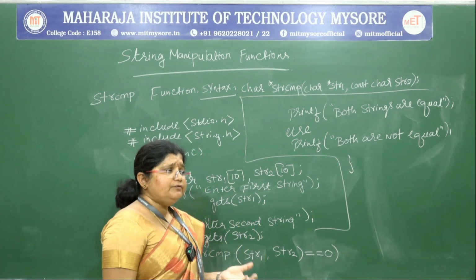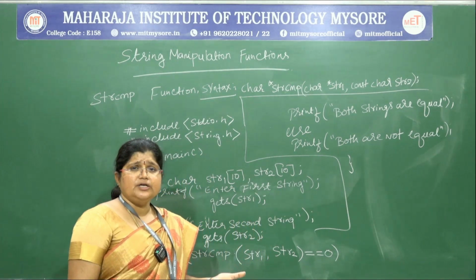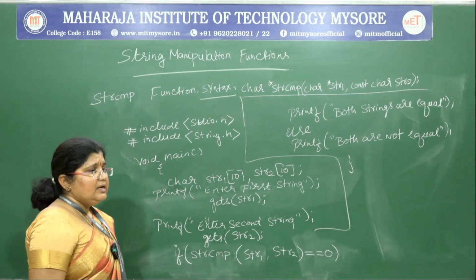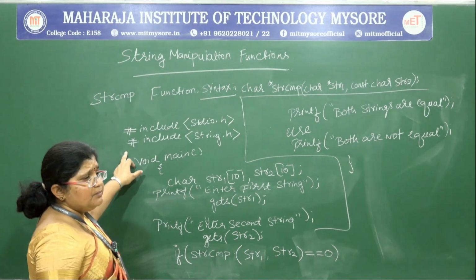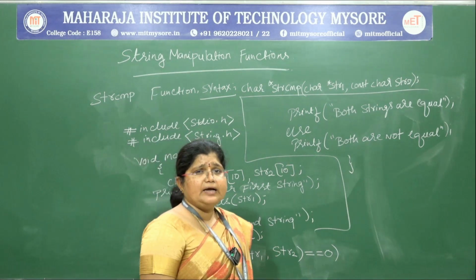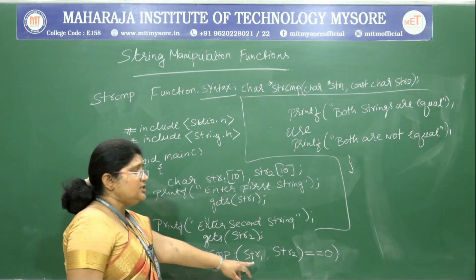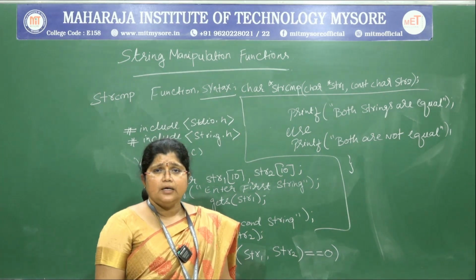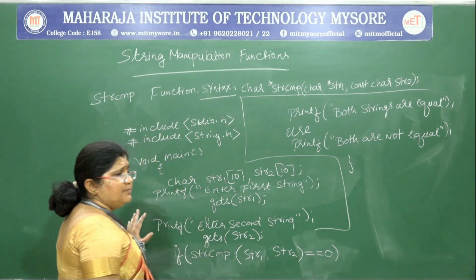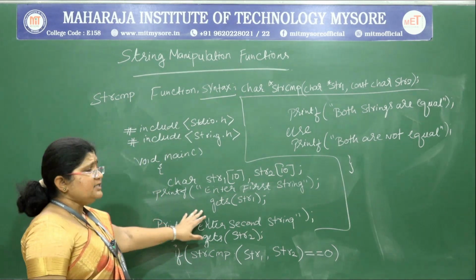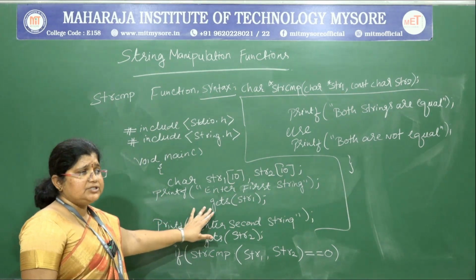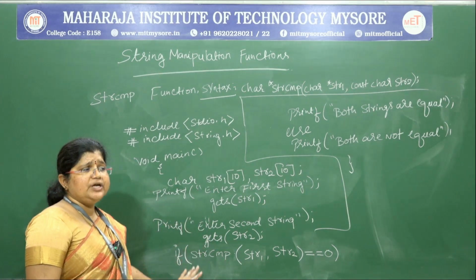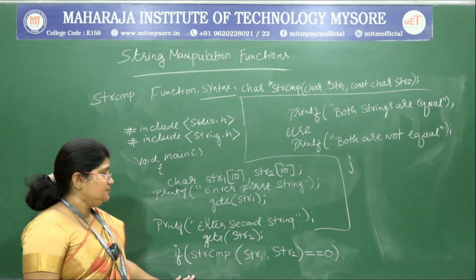To perform this operation, the direct function we use is strcmp. In strcmp, as usual, we pass two parameters, string 1 and string 2, to perform the compare operation. In this example, using the gets function, we input string 1 and string 2. Another point is both strings must be of the same length.